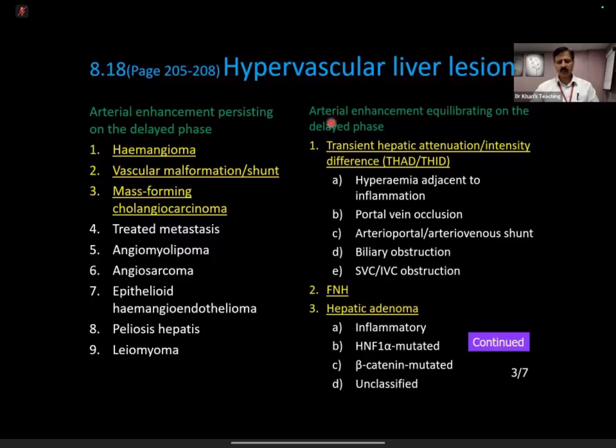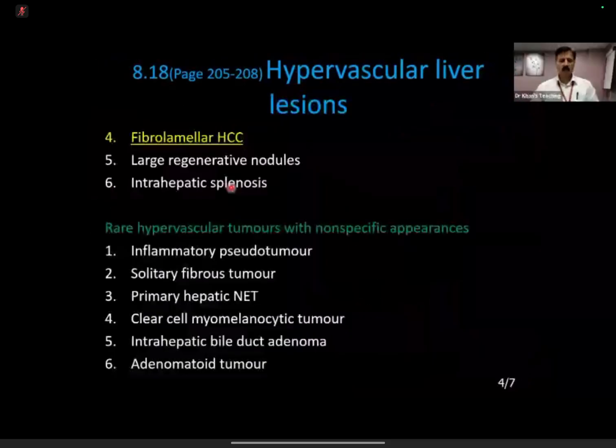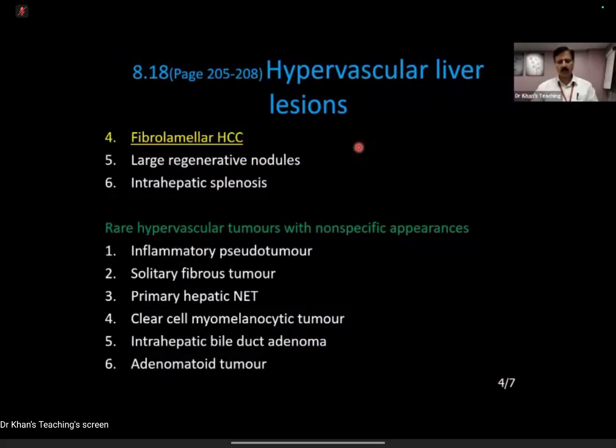And then there is another one which is arterially enhancing, which are equilibrating on delayed phase, and which include things like FNH and adenoma. Here there were a few things like hemangiomas, mass-forming cholangiocarcinoma, and if I continue, hypervascular lesions, fibrolamellar HCC, then there are rare. When you read all of this, there is too much to learn.